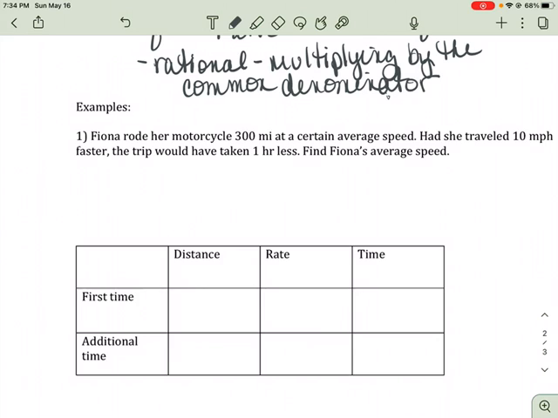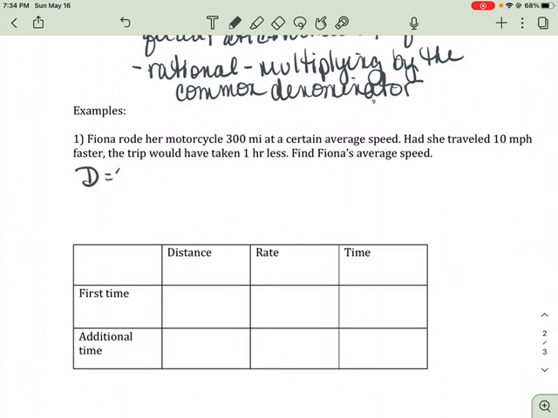Her distance is 300 for both, and our rate, we have x and then x plus 10.